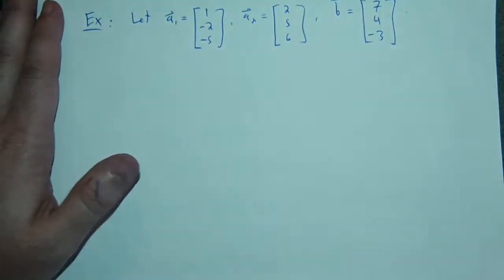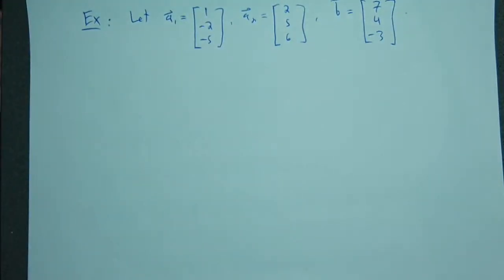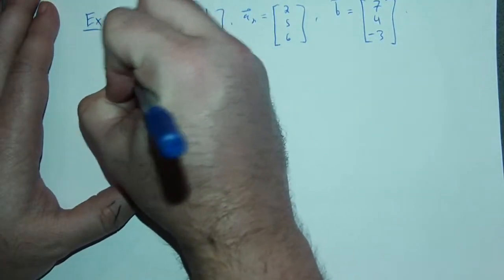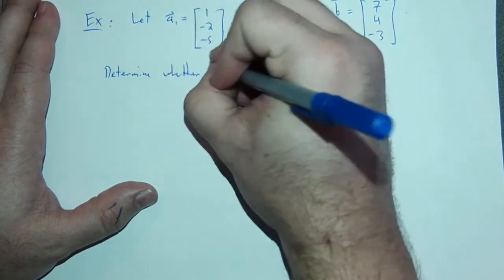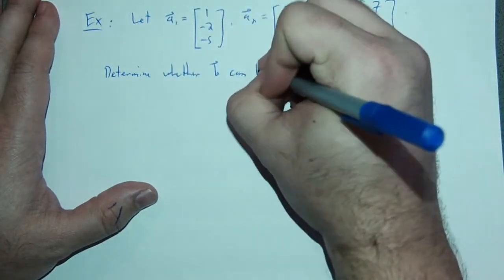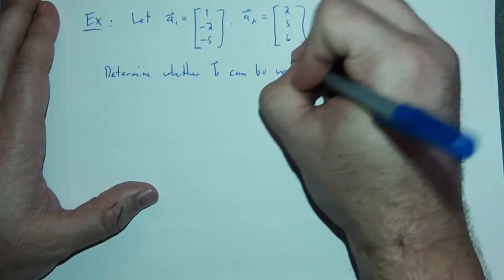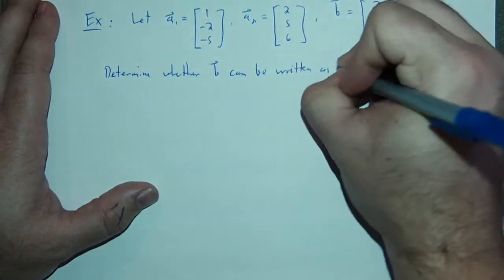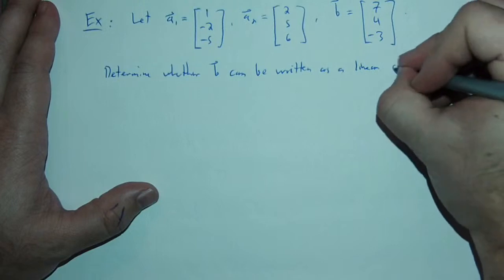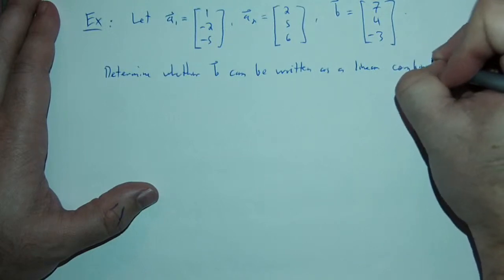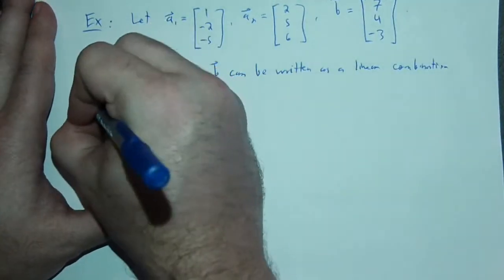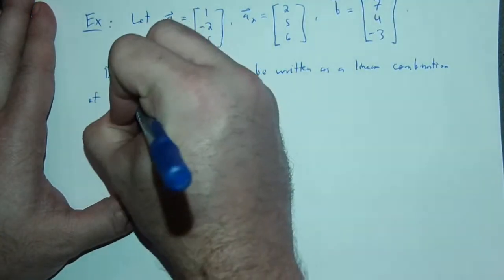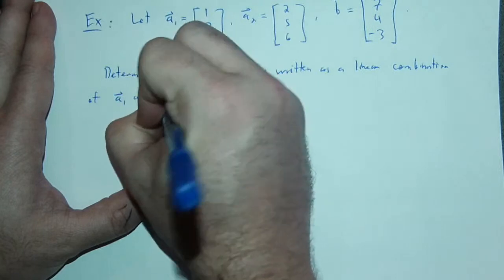So determine whether b can be written as a linear combination of a1 and a2.